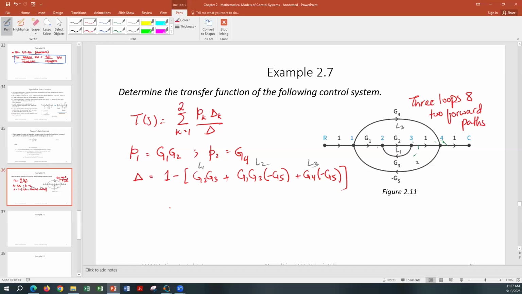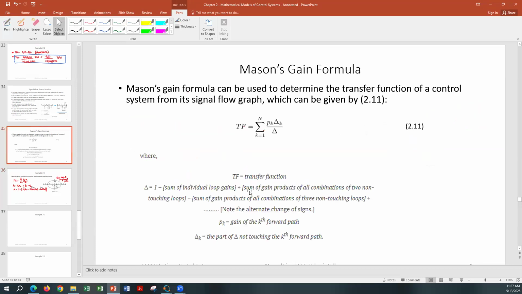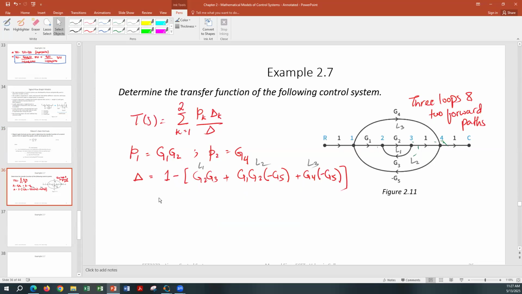Of course, L2 and L1 share nodes. Likewise, L2 and L3 share nodes and branches, but L1 and L3 do not. So that's the third part: the sum of gain products of all combinations of two non-touching loops. There are only two non-touching loops.